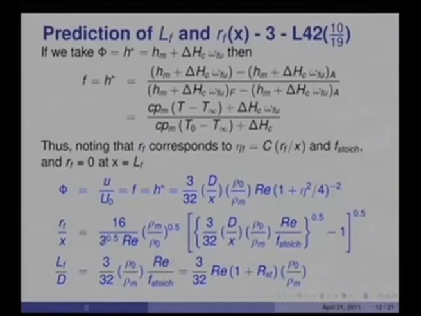Setting R f equal to 0, which essentially means this quantity is equal to 1, and x equal to L f, I will get length of the flame divided by diameter equal to 3 by 32 rho m naught by rho m R e f stoic, and f stoic being 1 over 1 plus R s t, I get that. So, what this shows is that L f would increase with Reynolds number of the jet. The higher the velocity of the jet, the longer will be the flame.